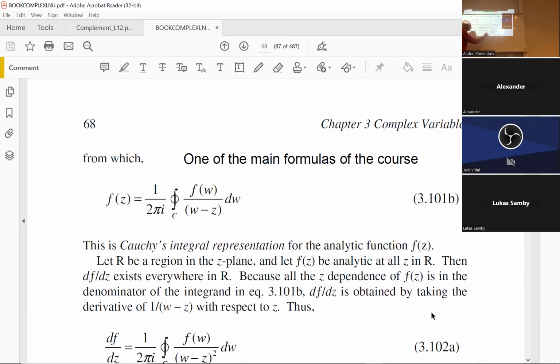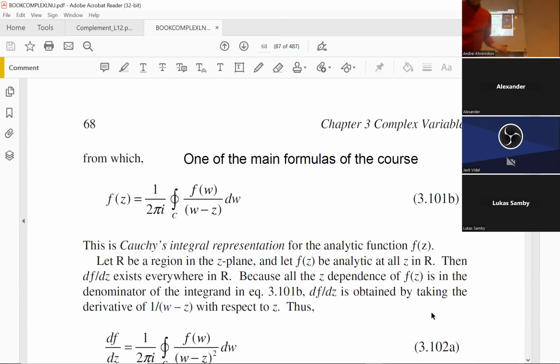So this formula is correct everywhere up to a very small neighborhood around 2. When you apply this formula, you can make the contour larger and larger until you approach the singularity. But if at this point our function f has a singularity, you could not go to this point. So this formula is valid everywhere where this function has no singularity.